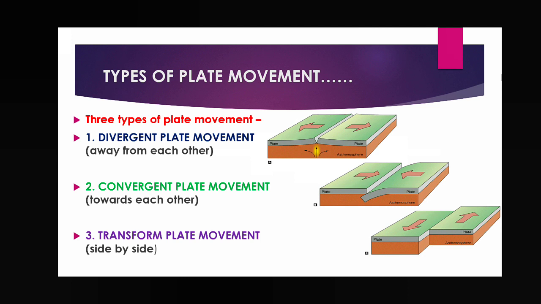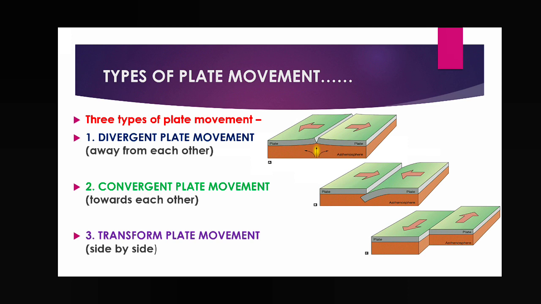And I have also told you, asthenosphere means the semi-liquid layer made up of molten rock material called magma. On the semi-liquid layer, the solid lithosphere, the solid plates, are floating and moving. That's why it is written plate movement.